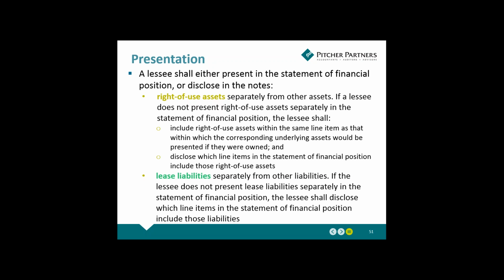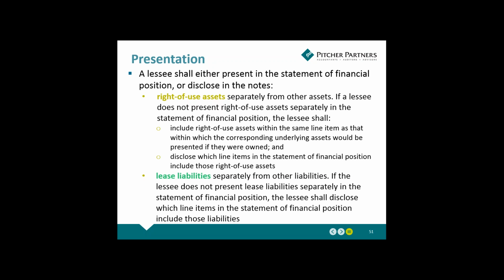So although a right of use asset is an intangible asset, if you have the right to use property, you will include this right of use asset within property. So you look at the underlying asset and you classify the right of use asset with other assets similar to the underlying asset. This right of use asset is not together with intangible assets unless the underlying asset is an intangible asset.